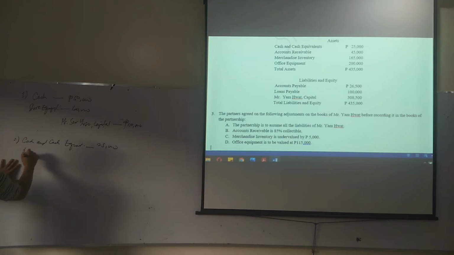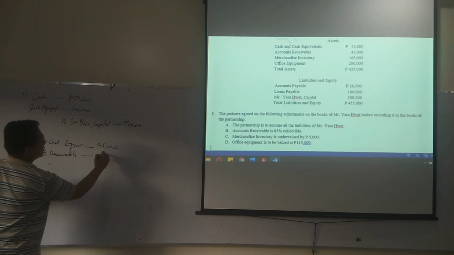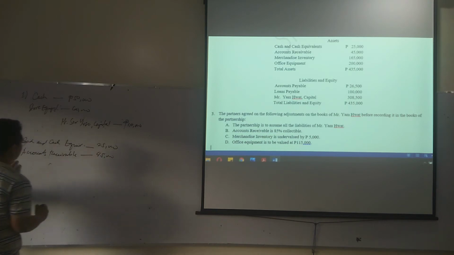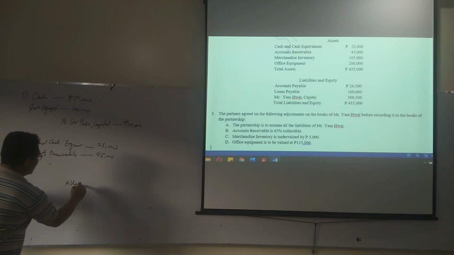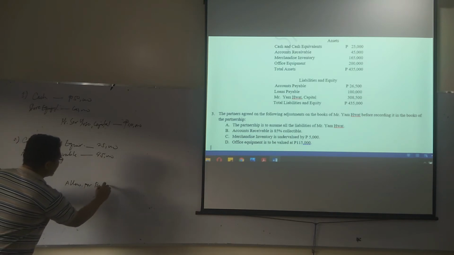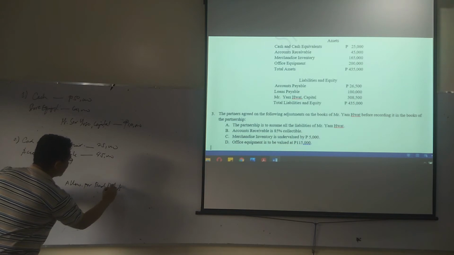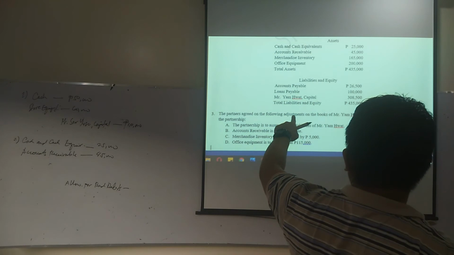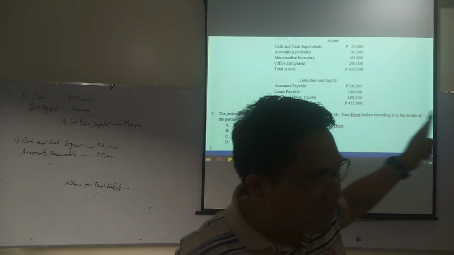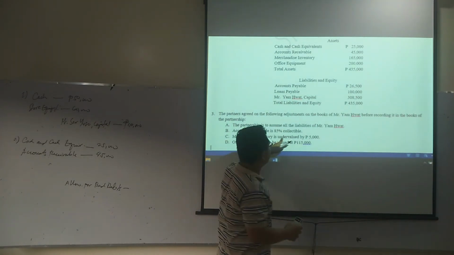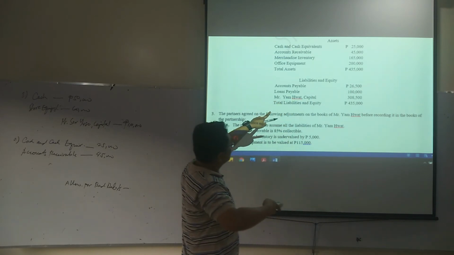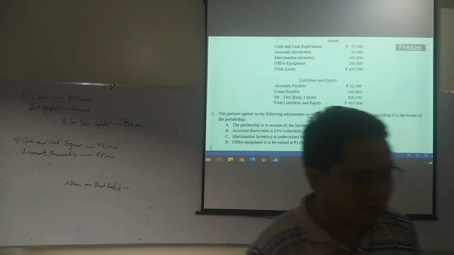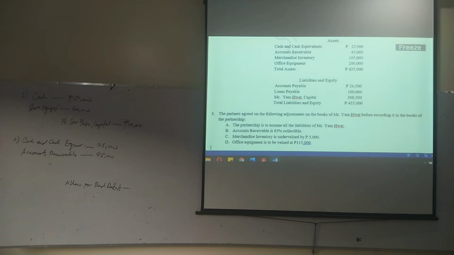So debit accounts receivable 45,000, and we record here allowance for bad debts, which is 15% of 45,000. Since 85% is collectible, that means 15% of 45,000 is uncollectible.